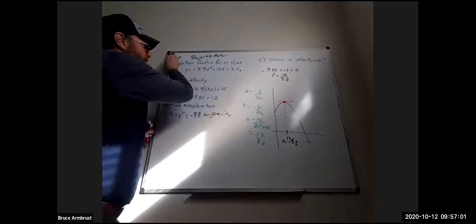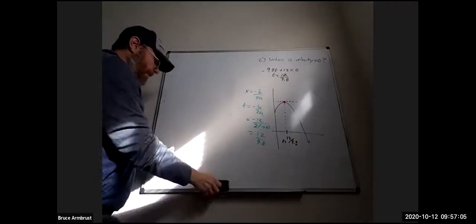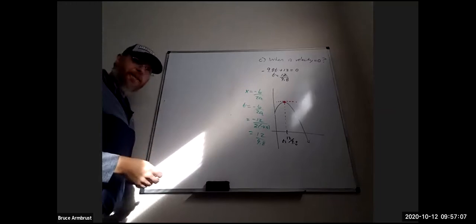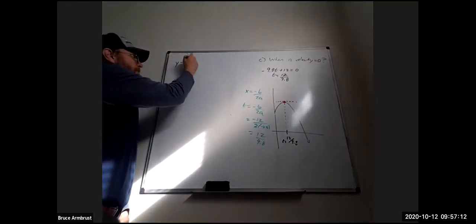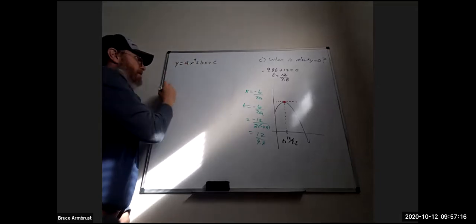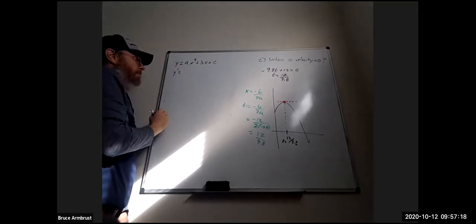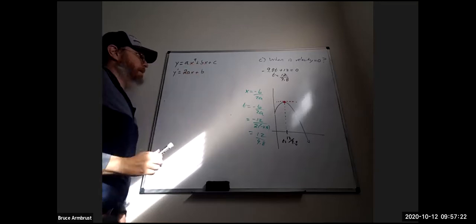Well, let me make this a generic quadratic. And let's watch what happens when we differentiate and then set equals 0. So if I've got y equals ax squared plus bx plus c, y prime is going to be 2ax plus b.